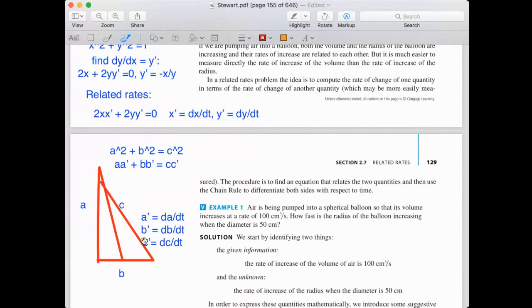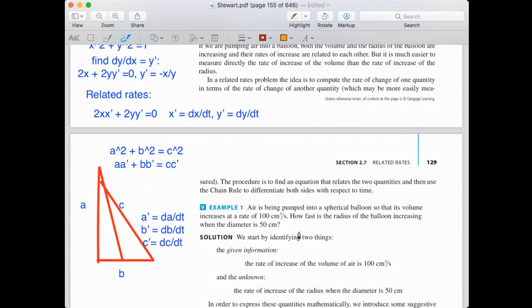The length of the ladder will not change, but you see the altitude changed, the B changed, right? Because the ladder is a constant, C prime will be 0 because it does not change. But the A will change, the height will change. So that's this new triangle now, and the B will change. So we're talking about rate of change, all right?